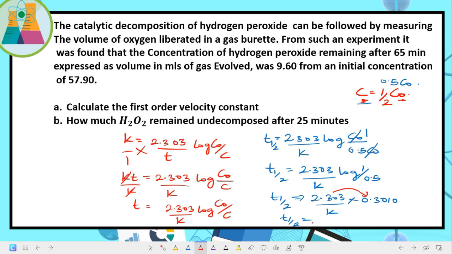That will give us 0.693. When you use this to multiply this, everything is all over K. So that was how they got that answer: t half, the half time or the half-life, is 0.693 divided by K. That was how they got that. Thank you.